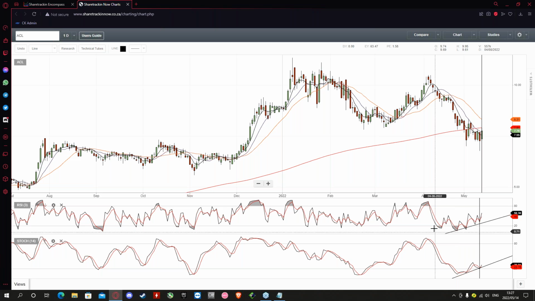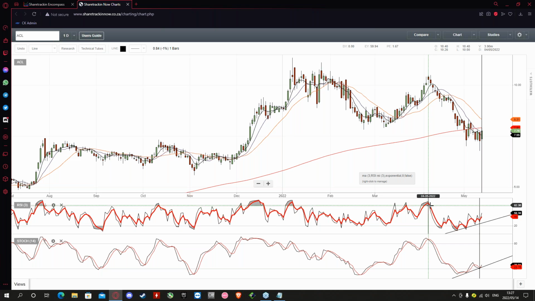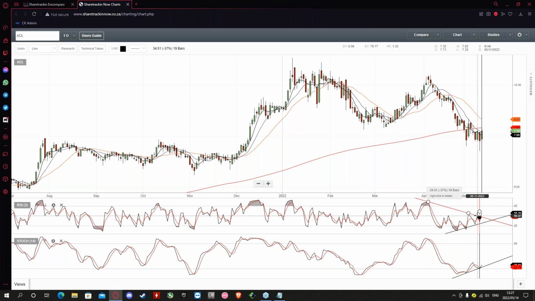Okay, the other line that you can pull in is from the point the share price has dropped. So from this point on your RSI, you can pull a line in from that point all the way to these 2 points over here. So you take it from your highest up until over there. You could even go back like that, but we're currently looking at what the current state is.